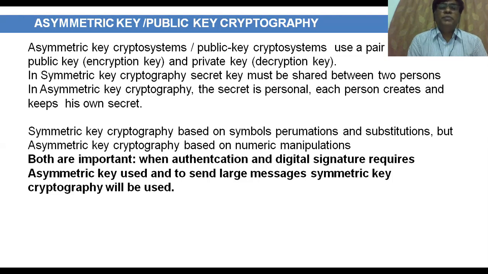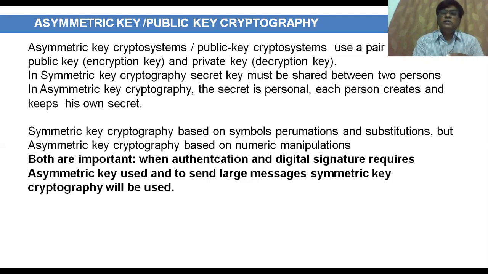Symmetric key cryptography is generally based on symbols, permutations and substitutions. At the time of encryption, we need to convert the plain text into secret text, that is the ciphertext. For converting the plain text to the ciphertext, we perform different permutations on the characters and different substitutions. That means some characters are replaced with other characters, and rotated by performing different permutations and substitutions.